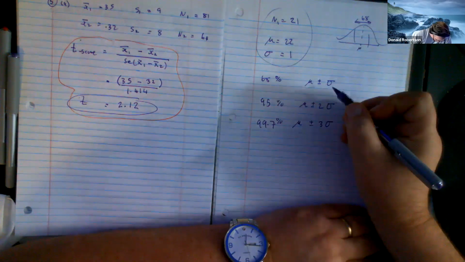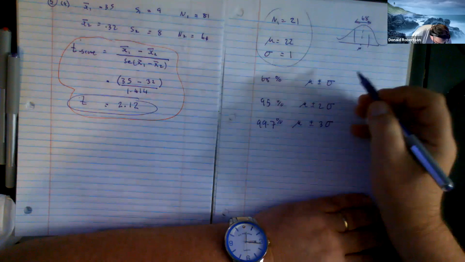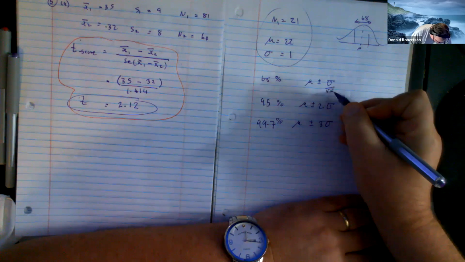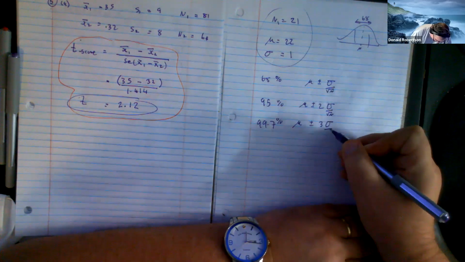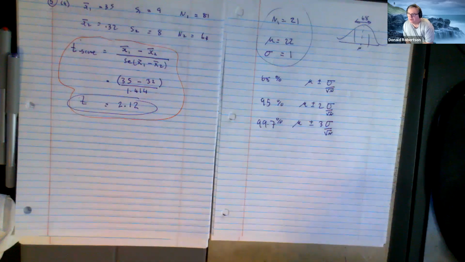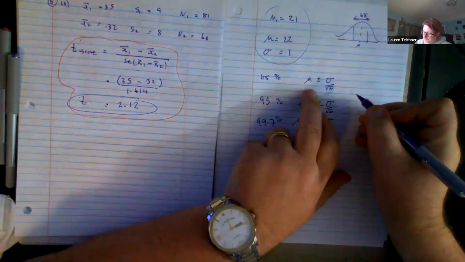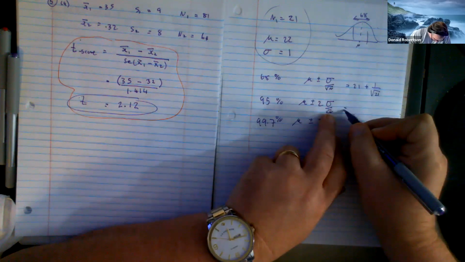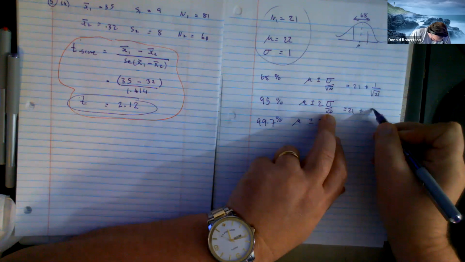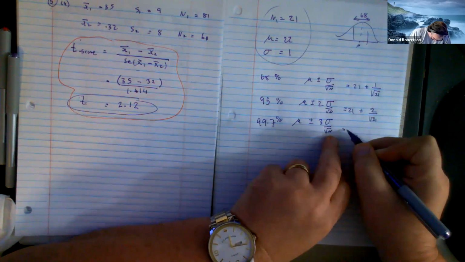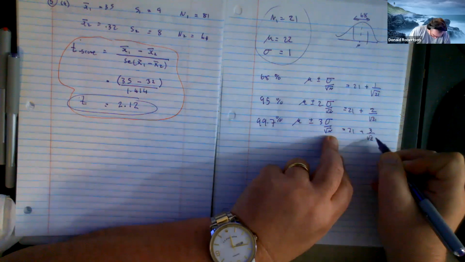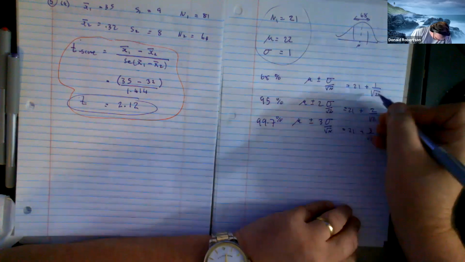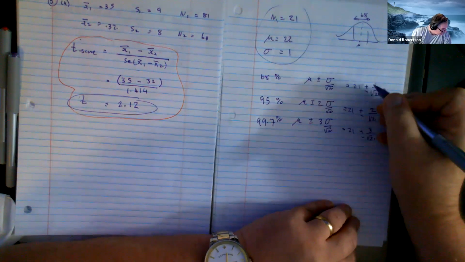But in this world, the standard deviation is a sample standard deviation. So we have to put in this square root of n. So it's going to be 21 plus 1 over the square root of 21, then 21 plus 2 over the square root of 21, and then 21 plus 3 over the square root of 21. And that extra little bit, oh, by the way, it's plus and minus. So that extra little bit does change your answers a little bit.